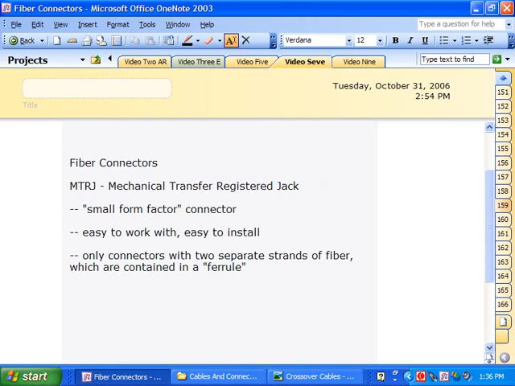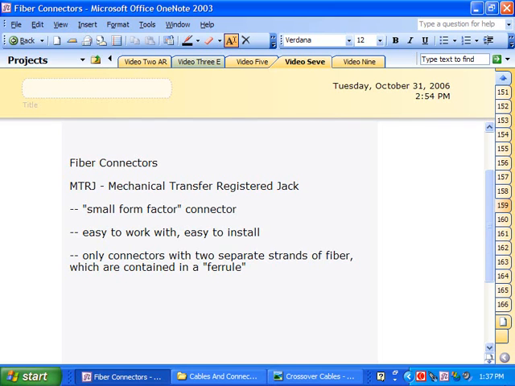Let's talk about some of these fiber connectors, though. The one that's really becoming in vogue, but it's got a ways to go, is the MTRJ, the Mechanical Transfer Register Jack. If you've worked with fiber optic before, you'll understand what I'm about to say. The hardest part of working with fiber sometimes is getting the connectors to work, because you're dealing with a whole new world when you're in fiber optic.